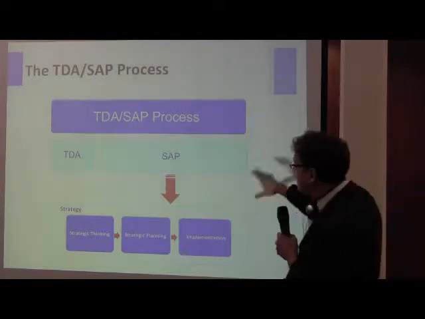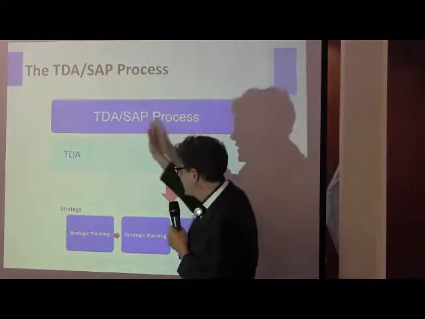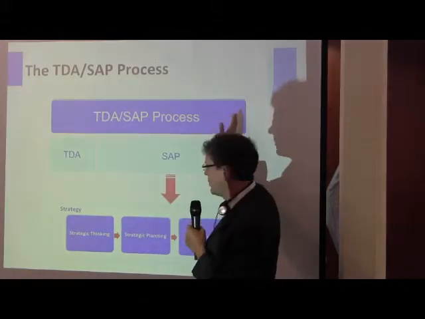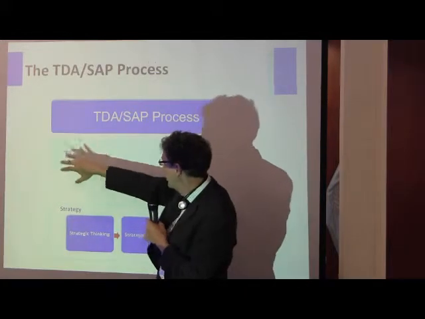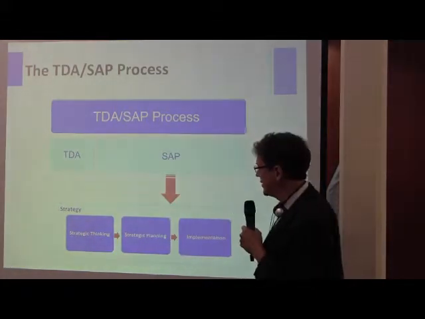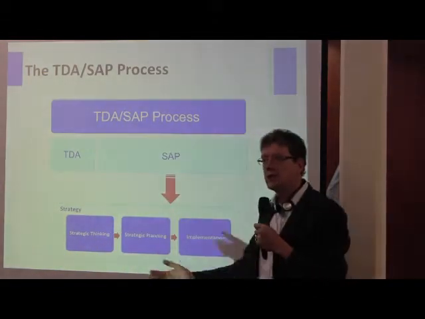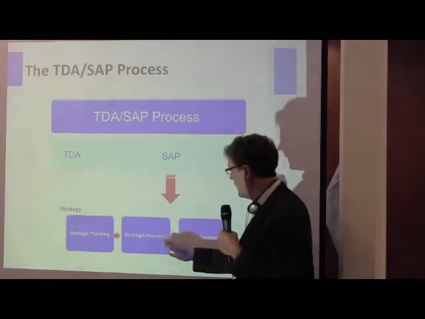This diagram shows we've now moved, in the TDA-SAP strategic planning process, from the TDA into the SAP, and there are three basic steps in the SAP. There's strategic thinking, which is a lot of what we're going to be doing today.